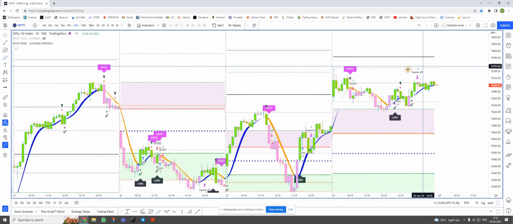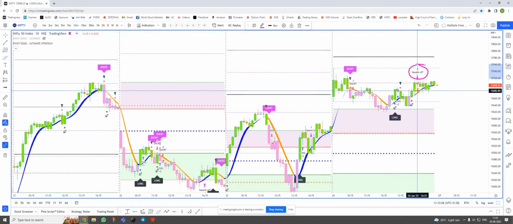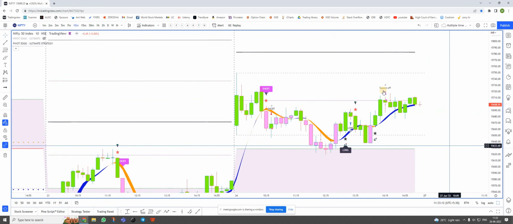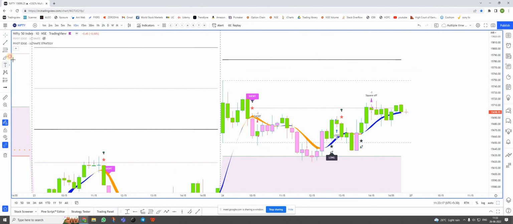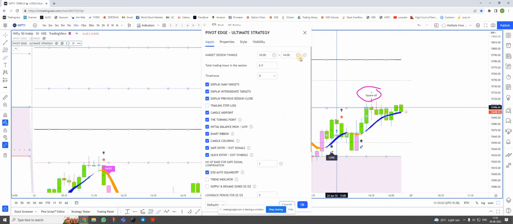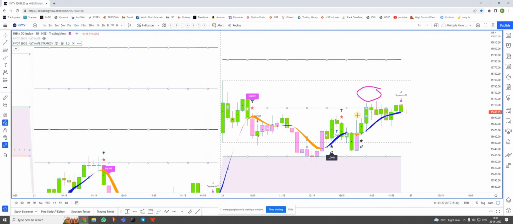See here, you see the square off. It will square off at the candle you see, 2 p.m., after that candle closes. Same with this square off here. If I want to close at 3 o'clock, you go and change here to 3 o'clock, so it will shift to 3 o'clock like this.